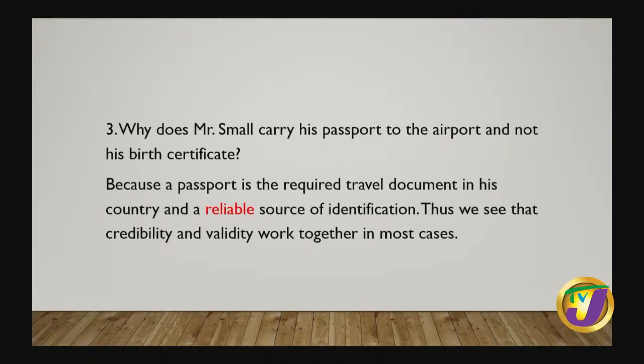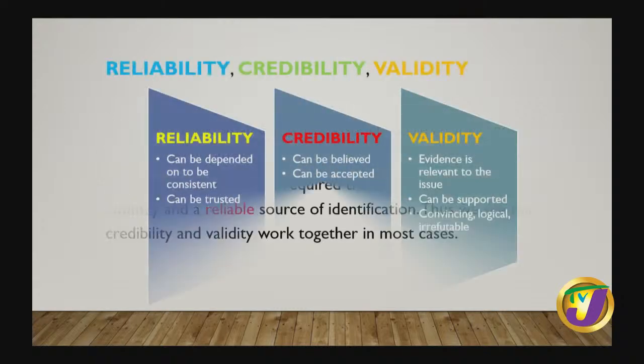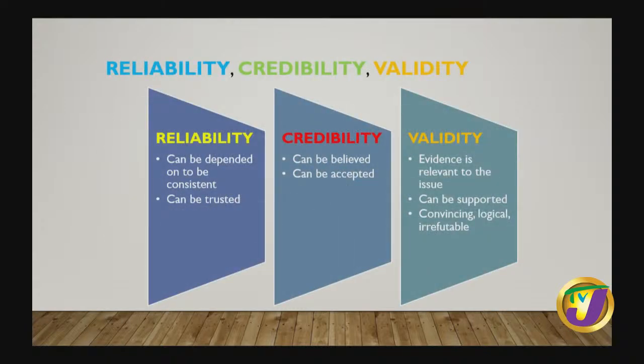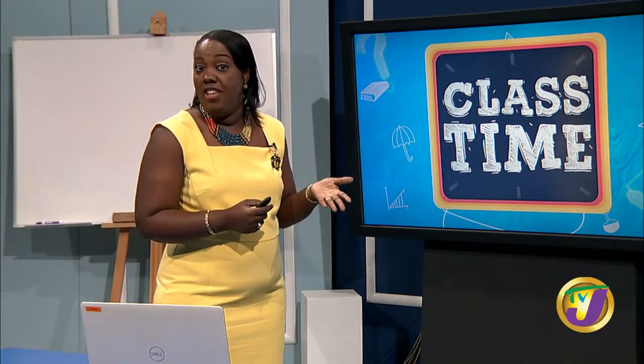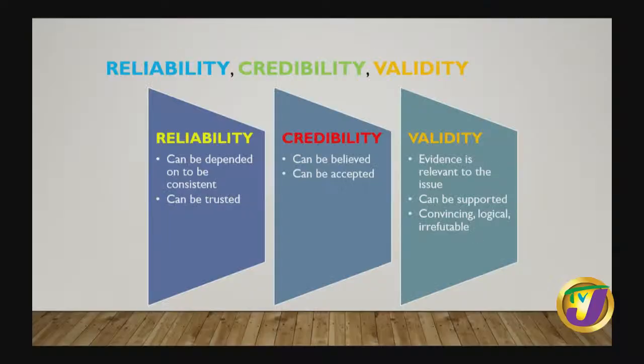So students, just in case you're still unclear about what these words actually mean, let me provide some definitions. Reliability. We are saying if a source is reliable, it can be depended on to be consistent. So we are talking about consistency, yielding the same results.